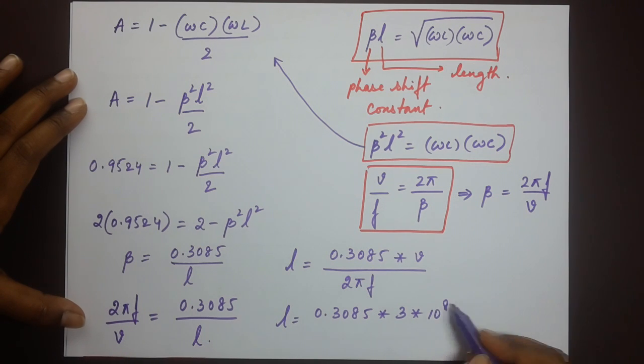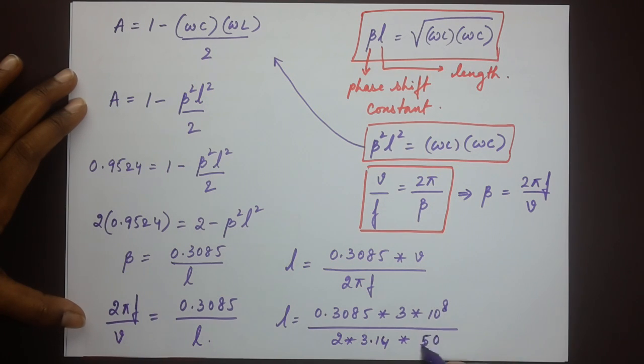This is a value that you must remember, divided by 2 into 3.14 into 50. It's given that it is 50 hertz, so it's 50. Solving this, we get 294.745 kilometers.